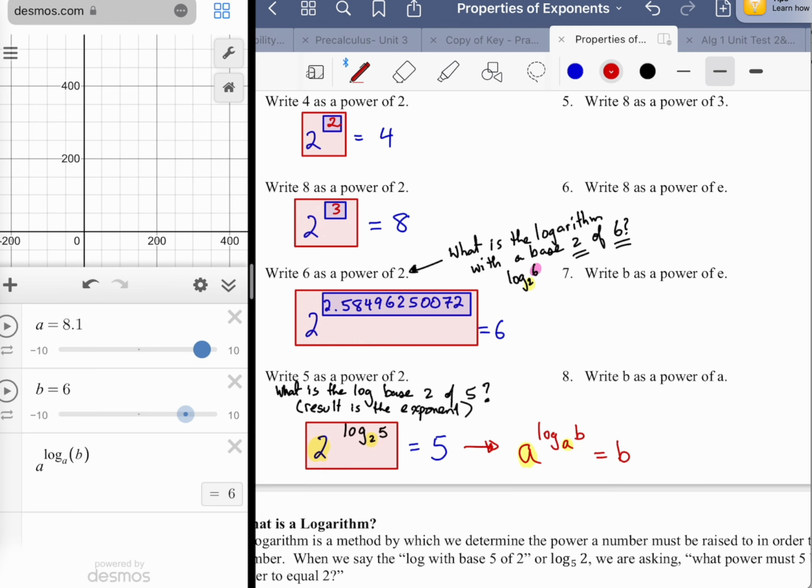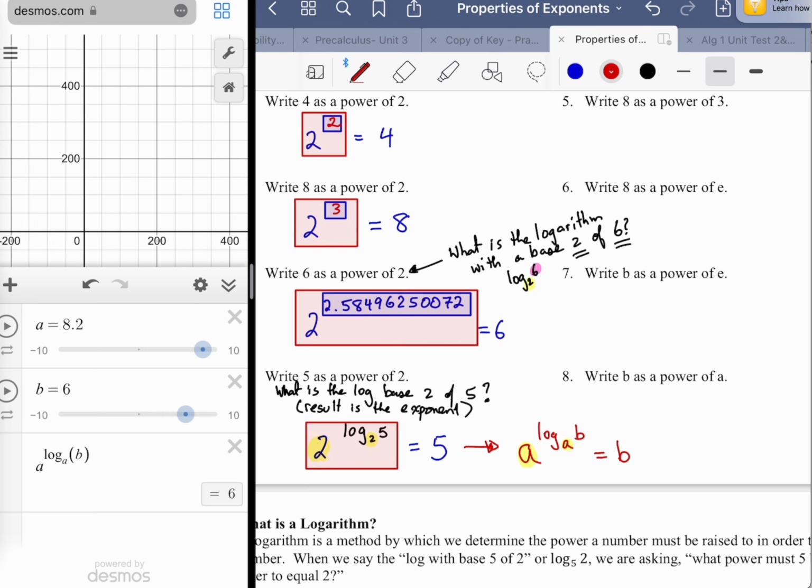All right. And that's the reality there: you can't take a negative number, raise it to a positive power, and end up with a negative answer. All right. You can't take a negative number, raise it to a negative power, and end up with a negative answer.